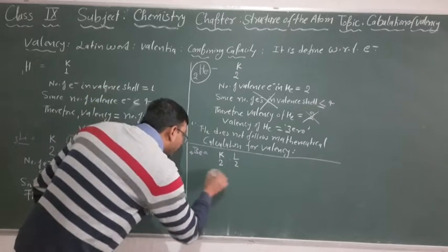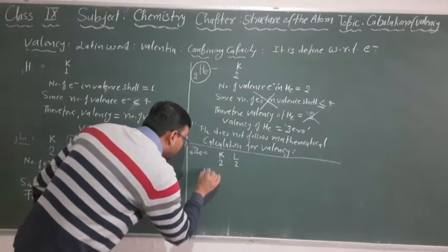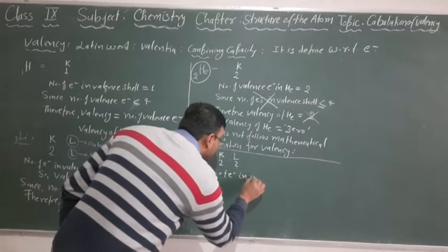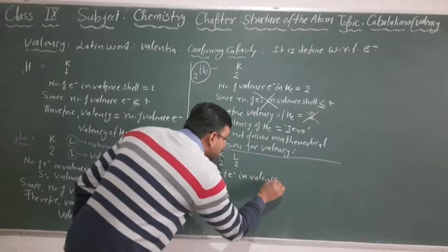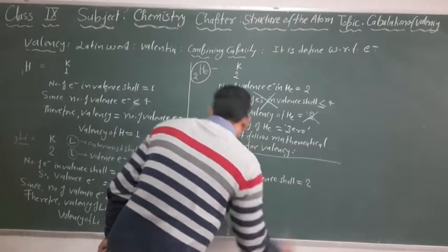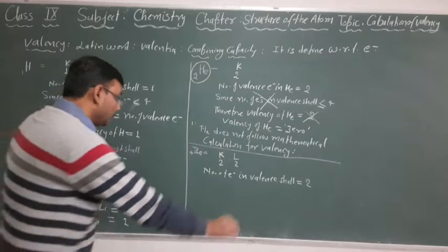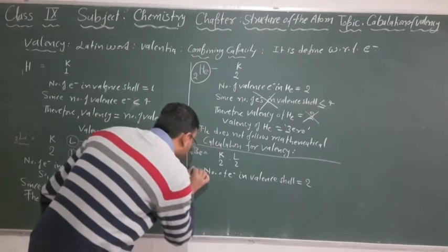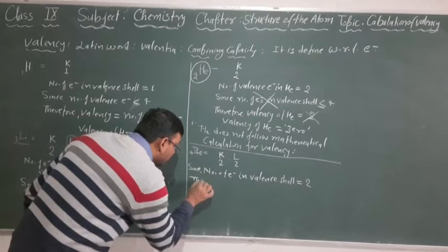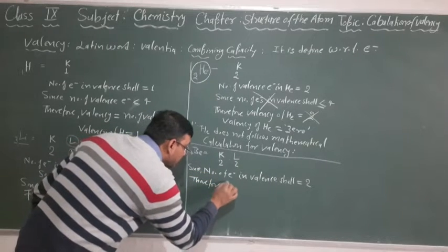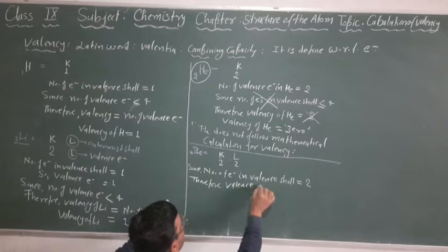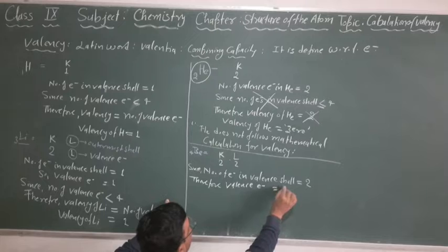So we can write here: number of electrons in the valence cell is equal to 2. Therefore valence electron will equal 2.